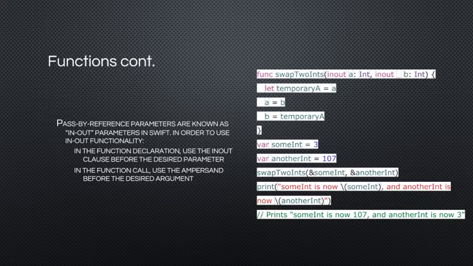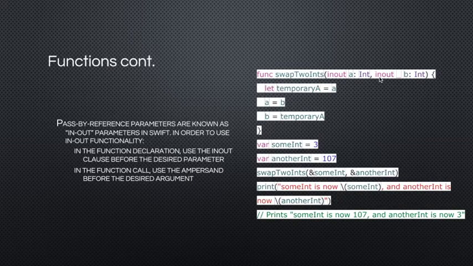Okay, pass by reference has a little bit more, I guess you could say, overhead in this language, because you have to actually do a couple of things rather than just one. That's what the in-out keyword is for. If you are writing your function header and you want it to be a pass by reference value, then you would just write in-out before the parameter name.